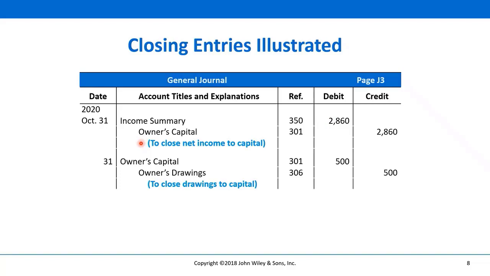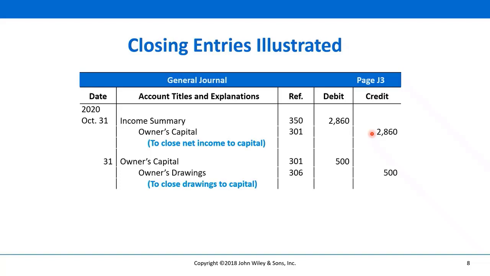So we are crediting owner's capital account by 2860. In that way we are closing the income summary account too, and we are moving the profit to the owner's capital account. Okay, so first task, close the revenue account. Second task, close the expense account. Third task, close the income summary account we have created for closing the revenue and expense accounts, right?